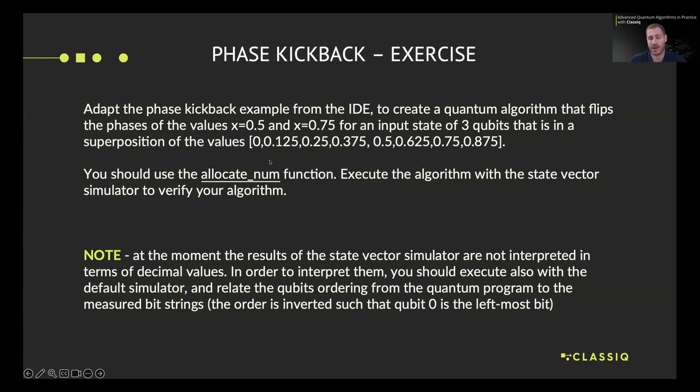And for this, we have non-standard, so non-integers, non-regular integers, numbers as the arithmetic interpretation. We should use the allocate num to initialize a quantum number. For this, you can use the reference manual for allocate num, and you should execute the algorithm with the state vector simulator to verify your algorithm, as we did now.